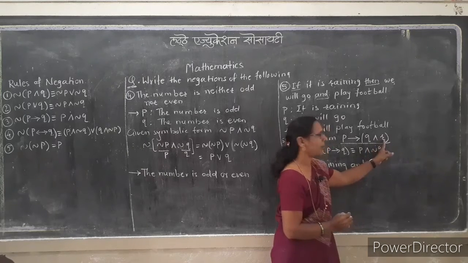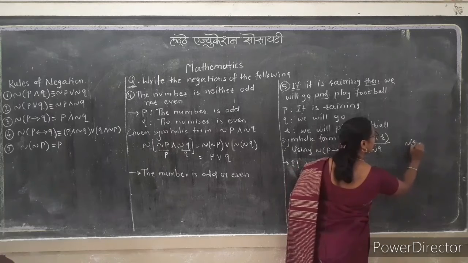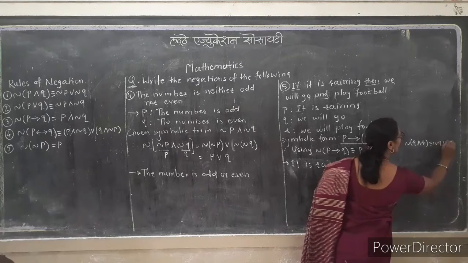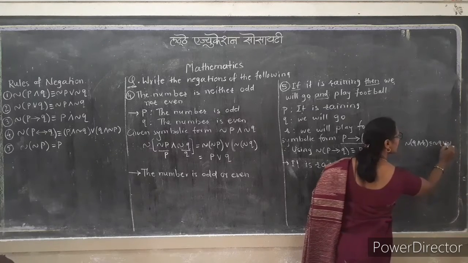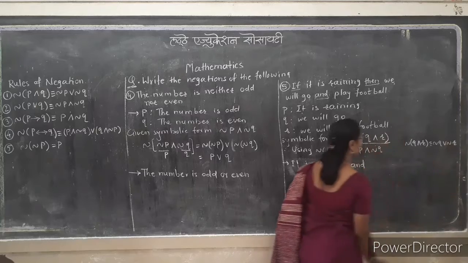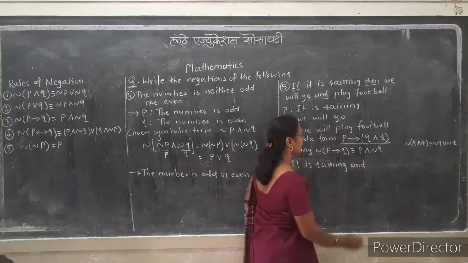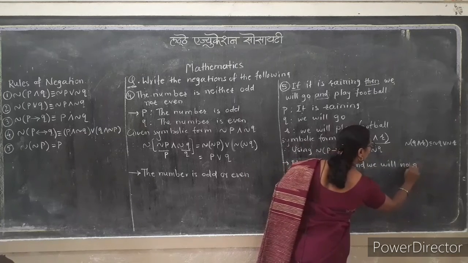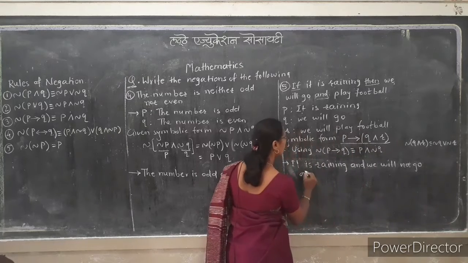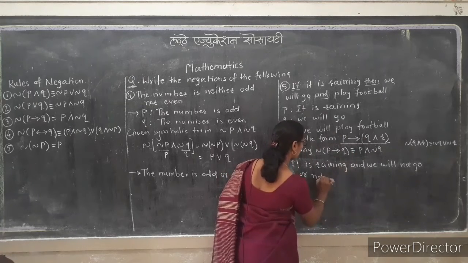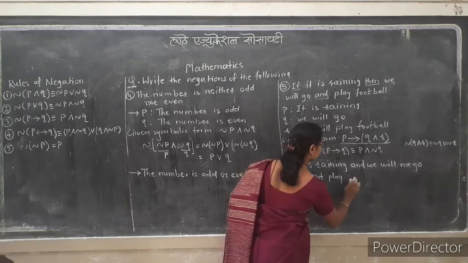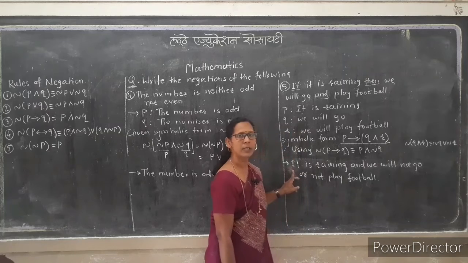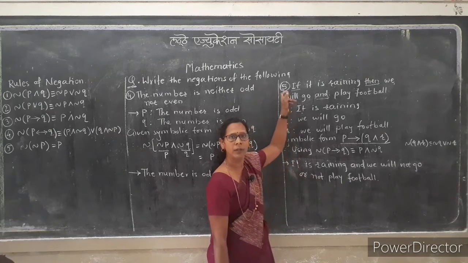Negation of Q and R is logically equivalent to negation Q disjunction negation R. Therefore we write here negation Q, meaning we will not go, or not play football. This is the negation of the given statement.